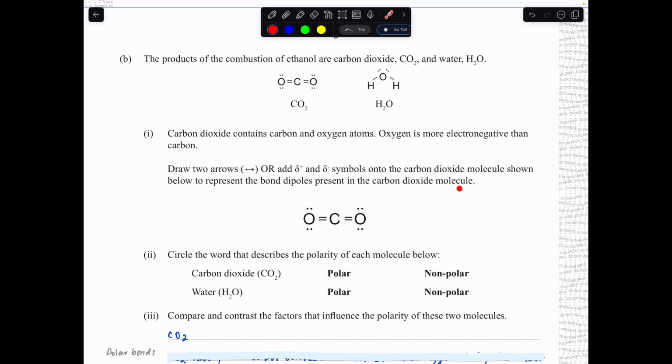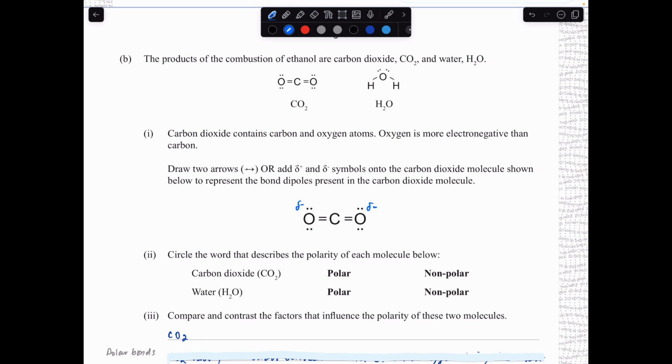Okay, so I'm going to work with dipoles, which are the fancy little symbols. It tells us that oxygen is more electronegative, so it's going to be assigned a negative dipole.